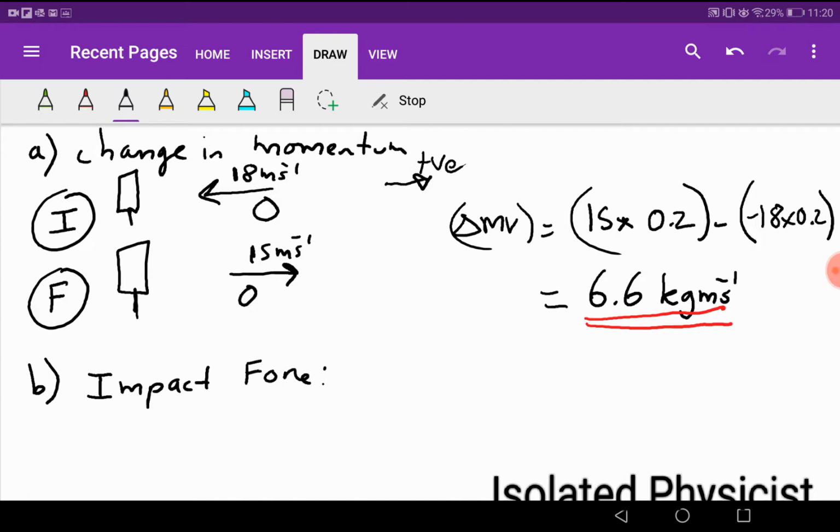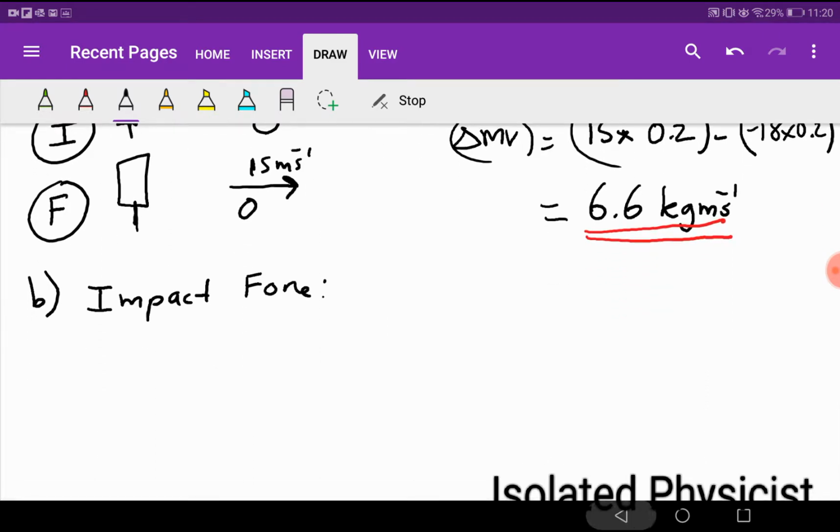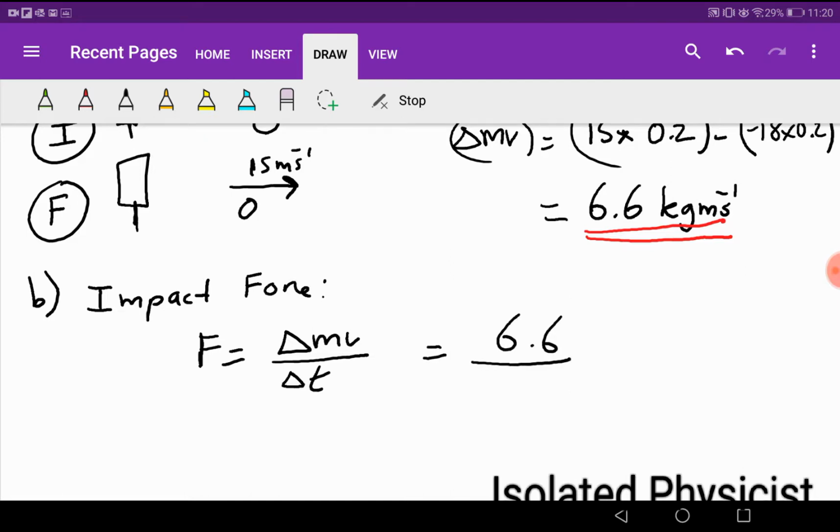Well, we know that our equation is F equals change in momentum over change in time, which equals 6.6 over whatever our time was, which was 0.12. Which equals 55 newtons.